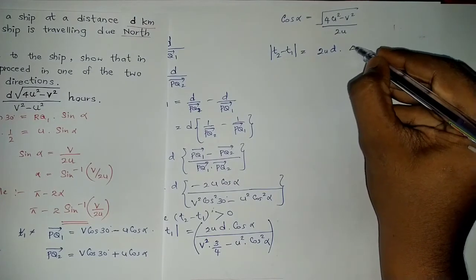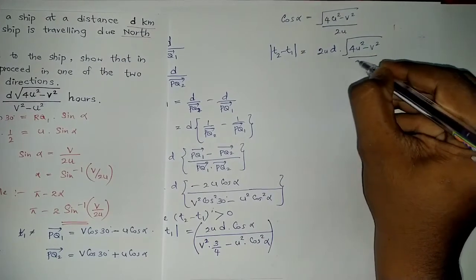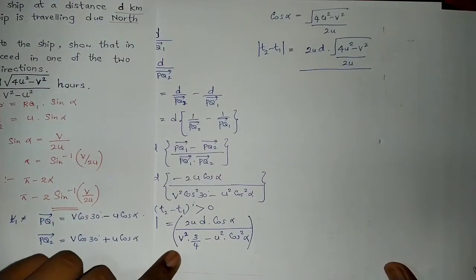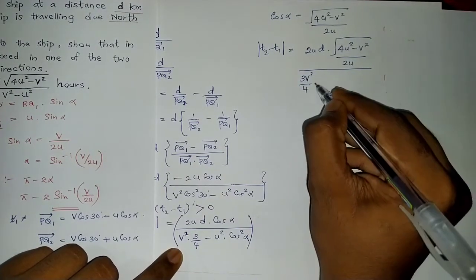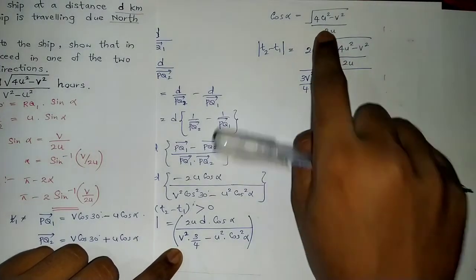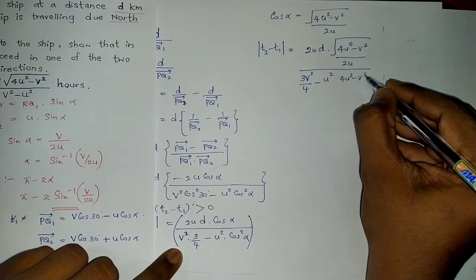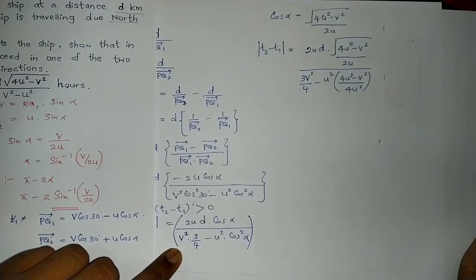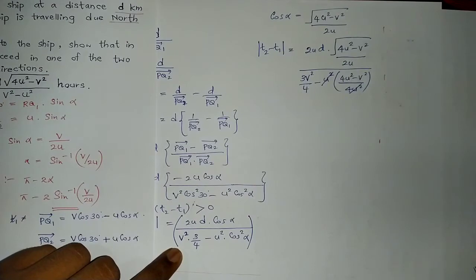What is cos alpha? This expression over here, over 2u, divided by the denominator, that is 3v square over 4 minus u square cos squared alpha. That means the square of this expression over 4u square. When I take the square, then u square gets cancelled.